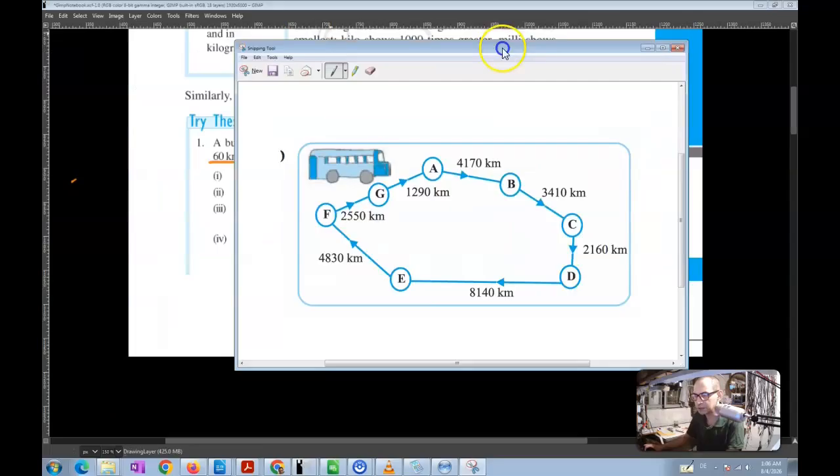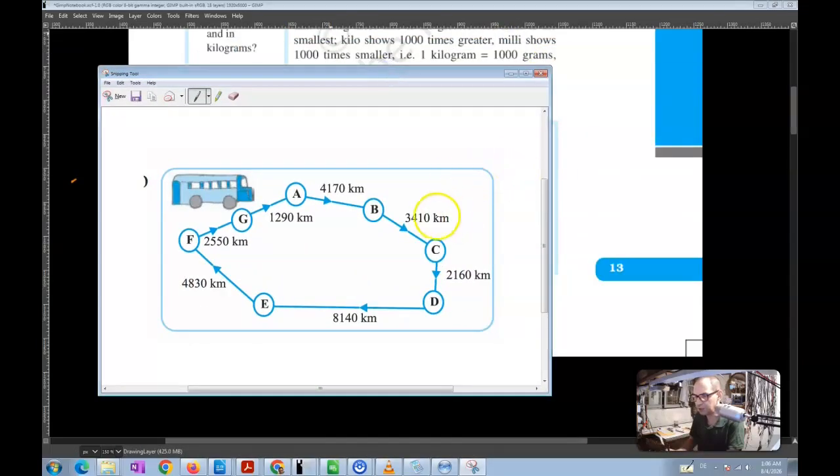Now the total distance covered by the bus from A to D would be, you start from A, go to B, go to C, and go to D, which is 4,170 kilometers plus 3,410 kilometers plus another 2,160 kilometers. So from A to B, the bus has covered this distance, and then this distance, and then this distance to get to D.